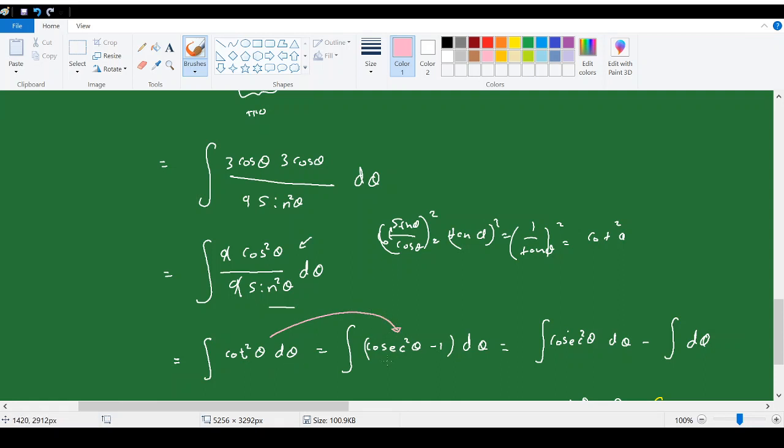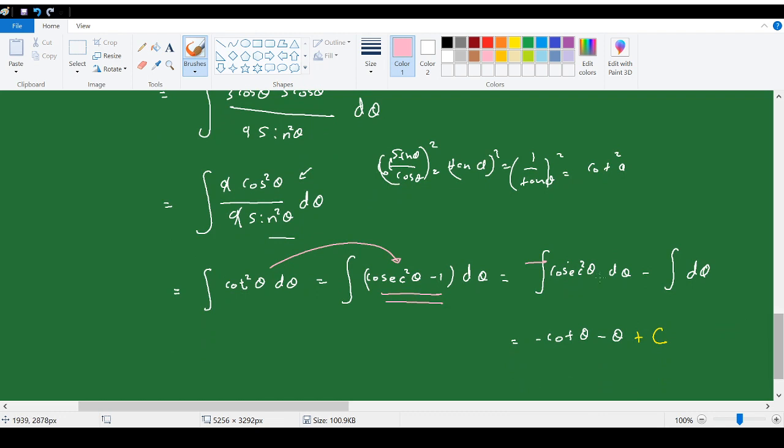Cot squared theta is equal to cosec squared theta minus 1. That's a trigonometric identity. Then we can separate the integral across these two terms, and the integral of cosec squared theta is equal to negative cot theta. That is a standard result, and the integral of this one is just theta. Also, don't forget to write the arbitrary constant.